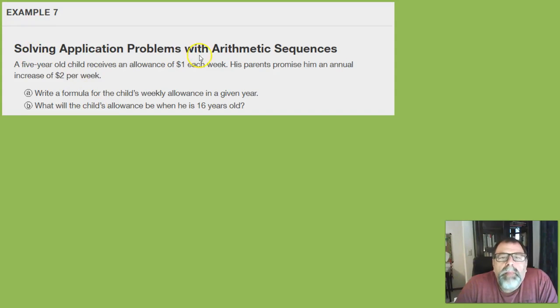Example 7, solving application problems with arithmetic sequences. A 5-year-old child receives an allowance of $1 each week. His parents promise him an annual increase of $2 per week. Write a formula for the child's allowance in a given year. Okay, so we say A sub n for the allowance is going to be 1 plus 2n for each year after being 5 years old, right?